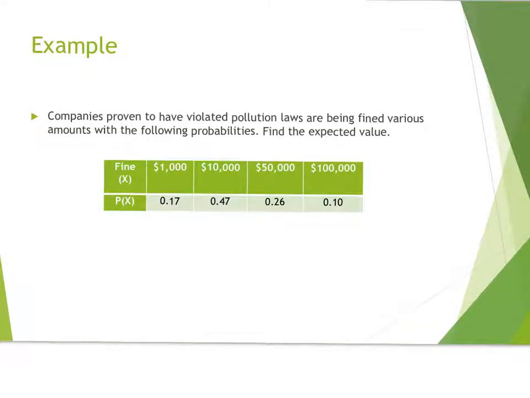Let's look at this example. It says companies proven to have violated pollution laws are being fined various amounts with the following probabilities. Find the expected value.